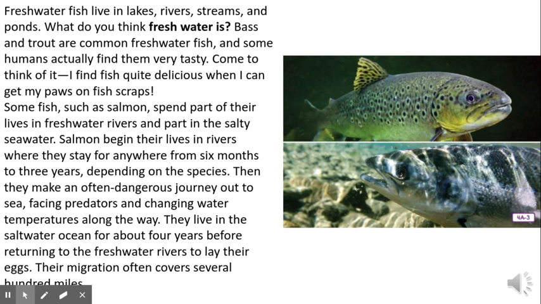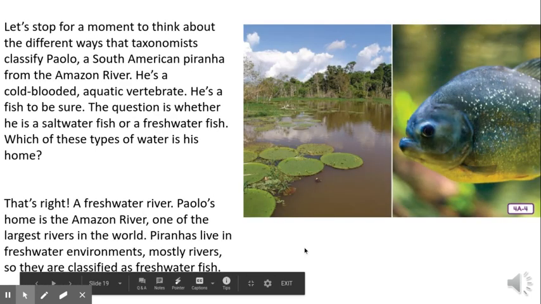Then they make an often dangerous journey out to sea, facing predators and changing water temperatures along the way. They live in the saltwater ocean for about 4 years before returning to the freshwater river to lay their eggs. Their migration often covers several hundred miles. Wow, that's a long migration.